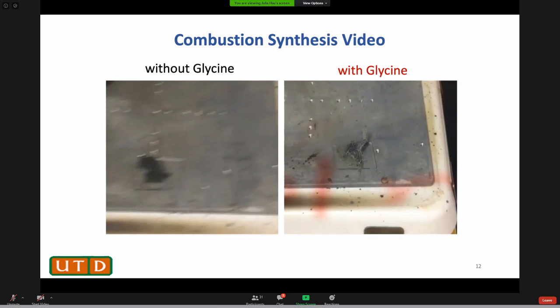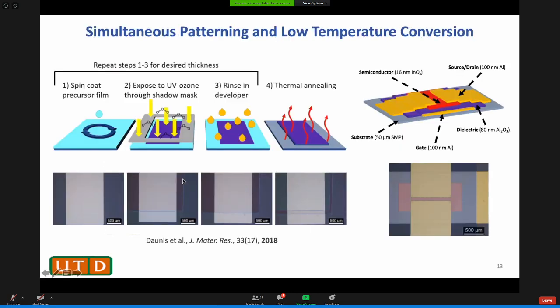What he found is by using UV light, in the UV-Ozone cleaner, we can simultaneously pattern the sol gel film at room temperature, and then you can do an annealing at a small area, so there's no CTE problem. How this works is he spin coated a film, put a mask on and exposed to UV ozone, then brings in developer to get a square.